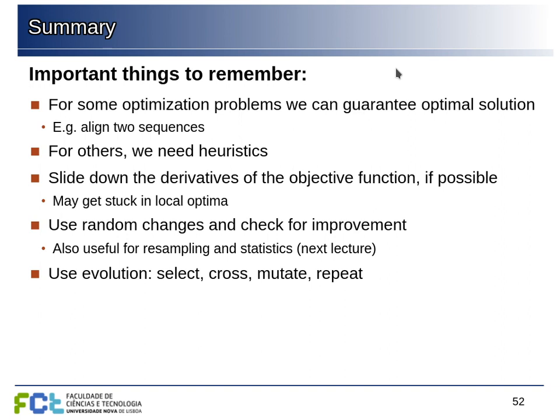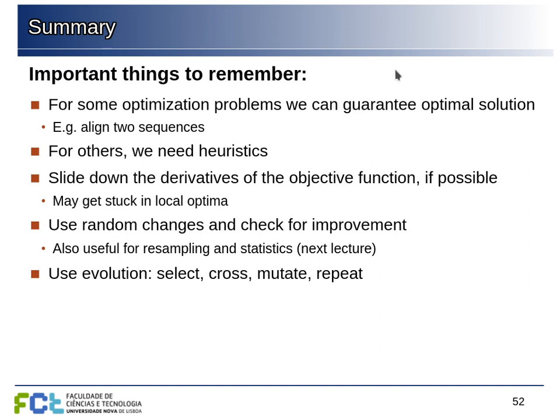This is good if we have an objective function for which the derivatives are well behaved. If not, then sliding down the derivatives will mislead us. And even in that case, it may get stuck in local optima. So it's best for convex functions that have an easily accessible global optimum.